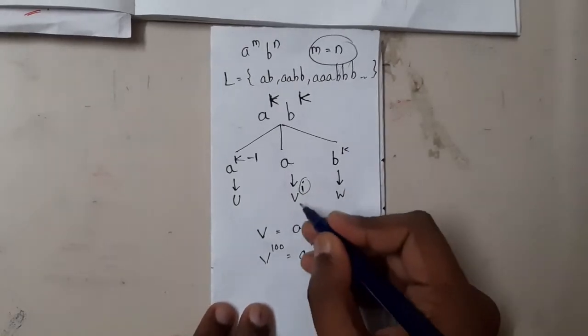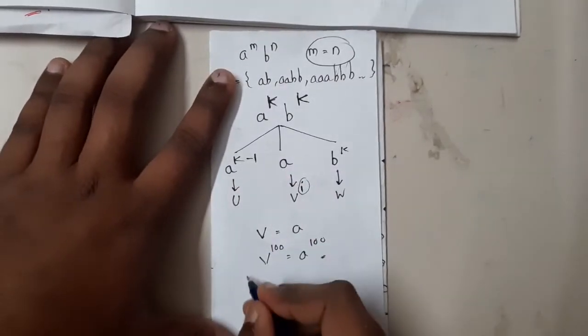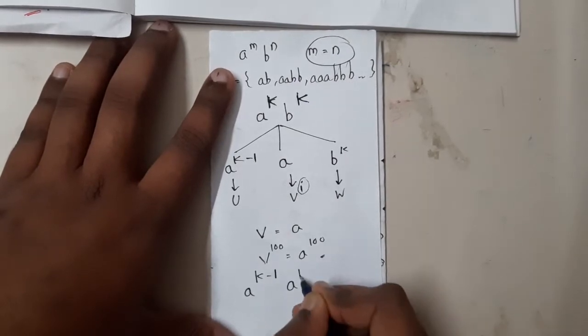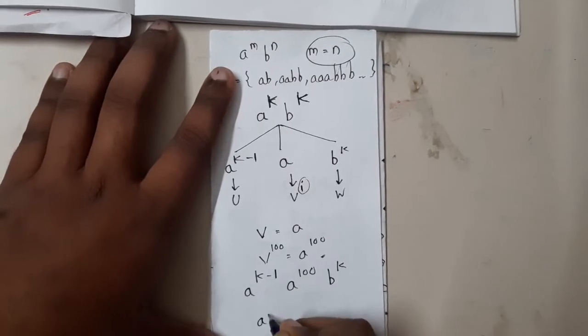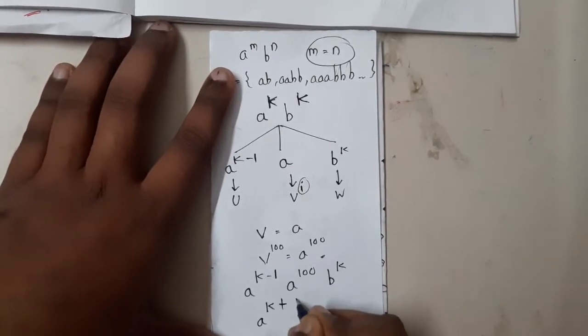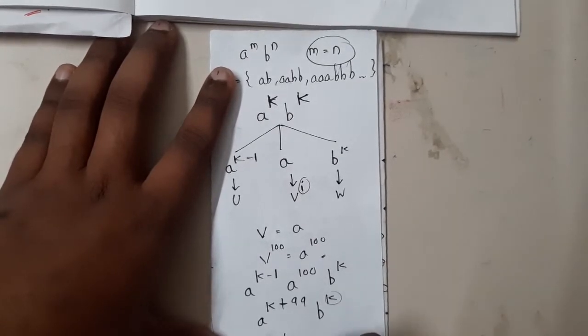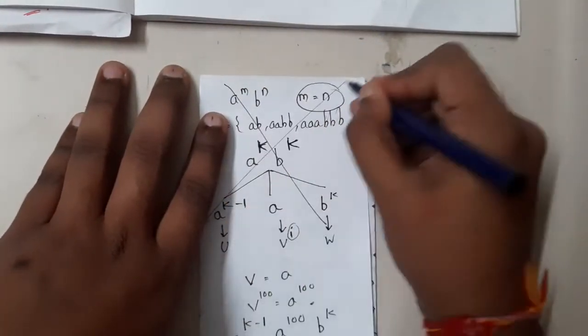If I increase that power by 100, my end result is a power k minus 1 into a power 100 into b power k, which becomes a power k plus 99 b power k. Can k equal k plus 99? The answer is no. Hence, I can conclude that this language is not regular.